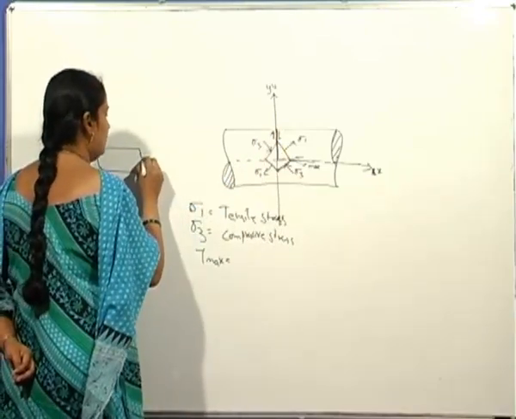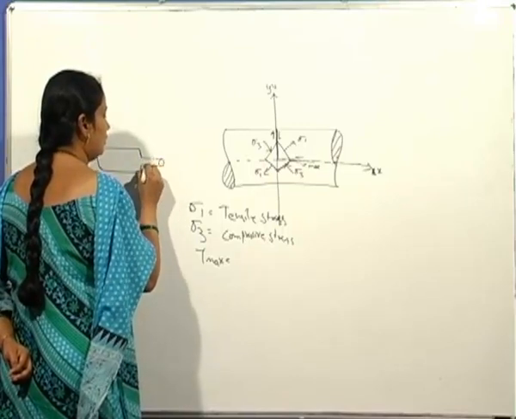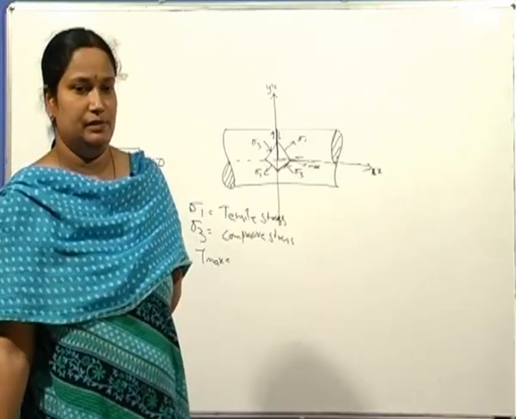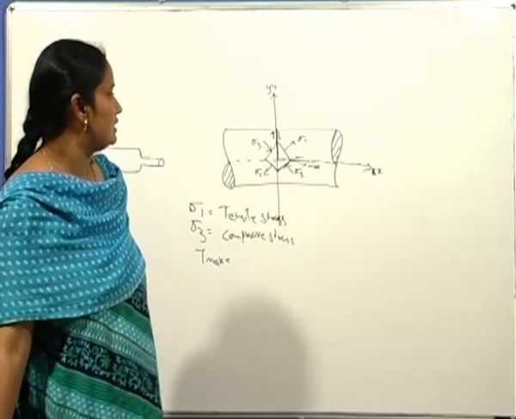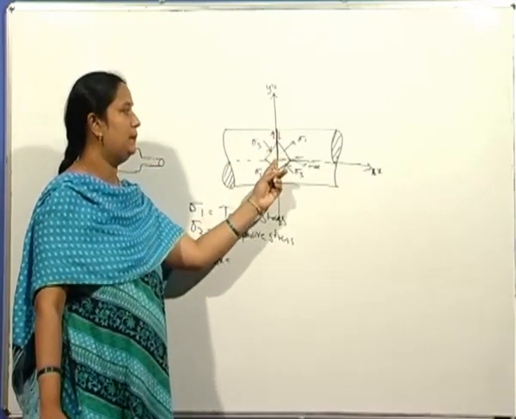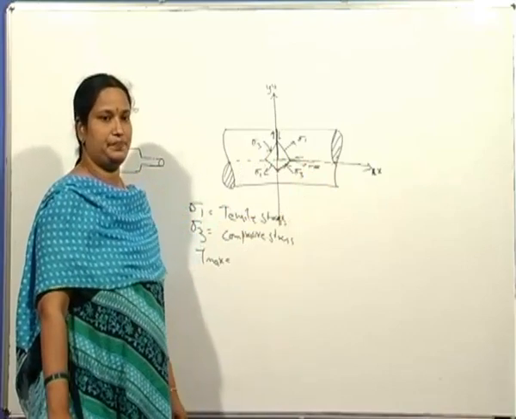So this is how the failure looks for the case of a ductile material. It fails along the planes of maximum shear stress, which is perpendicular to that of the longitudinal axis.